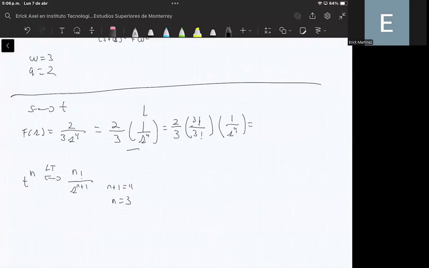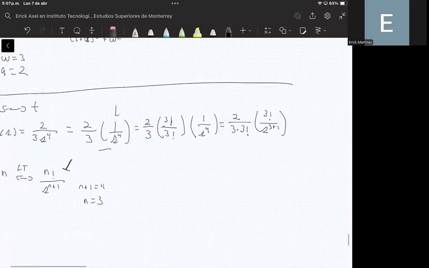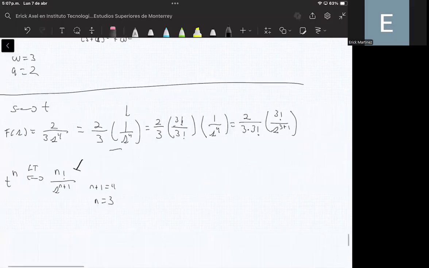And this is equal to 2 divided by 3 times 3 factorial, times 3 factorial divided by s elevated to... well, I will express this power as follows. Remember that n is equal to 3, plus 1. Now this expression looks very similar to the expression that we have on this side. So we can apply directly the inverse Laplace transform to this term.